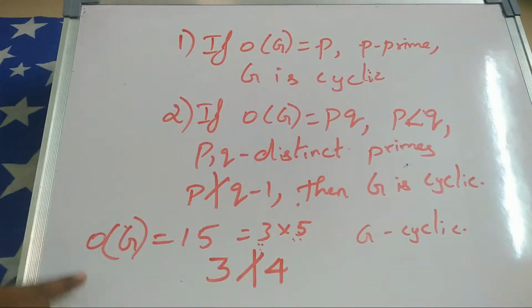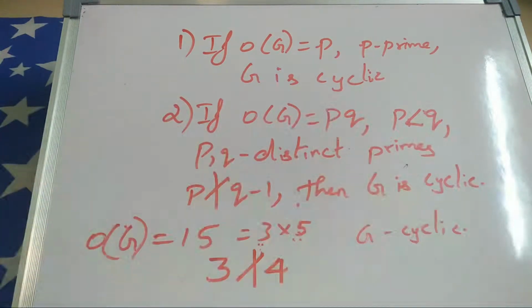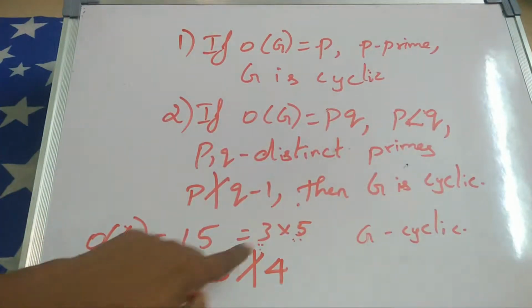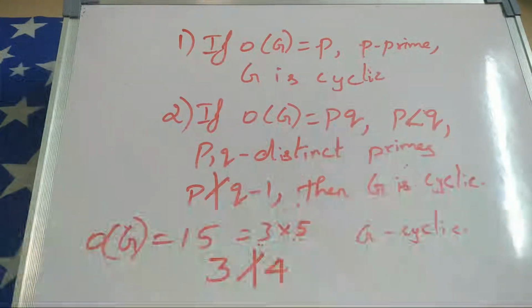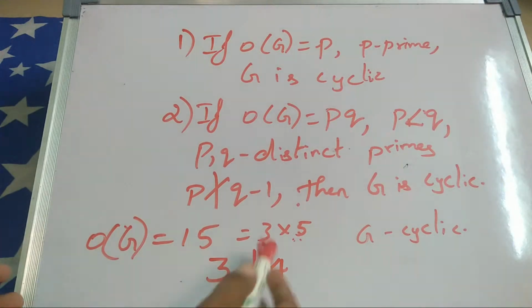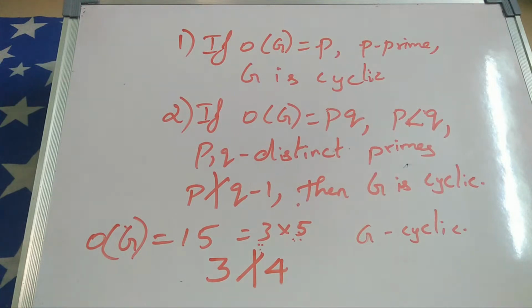That is, any group of order PQ where P is less than Q and P does not divide Q minus 1 is going to be cyclic. That is, any group of order 15 is cyclic. So in such a way, if any number satisfies these properties, those groups are cyclic. Fine. So these two are very important facts which we are going to repeatedly use in exams.